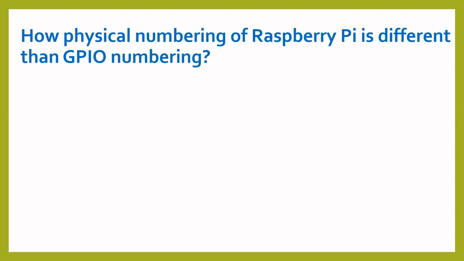You may have a question like how physical numbering of Raspberry Pi is different than GPIO numbering. So now let's discuss what we mean by GPIO numbering and physical numbering.